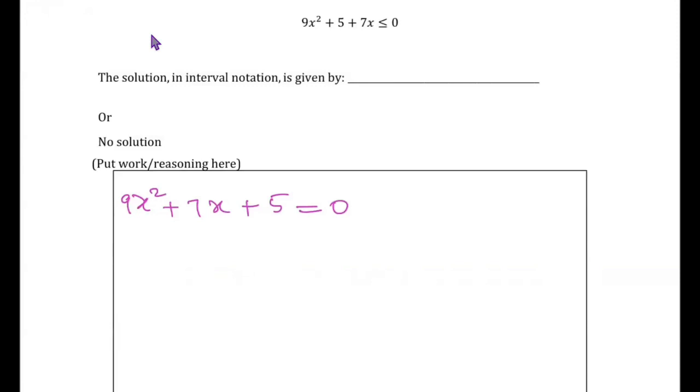And this happens when the expression b squared minus 4ac is less than 0. When b squared minus 4ac is less than 0, this equation has no real solution.